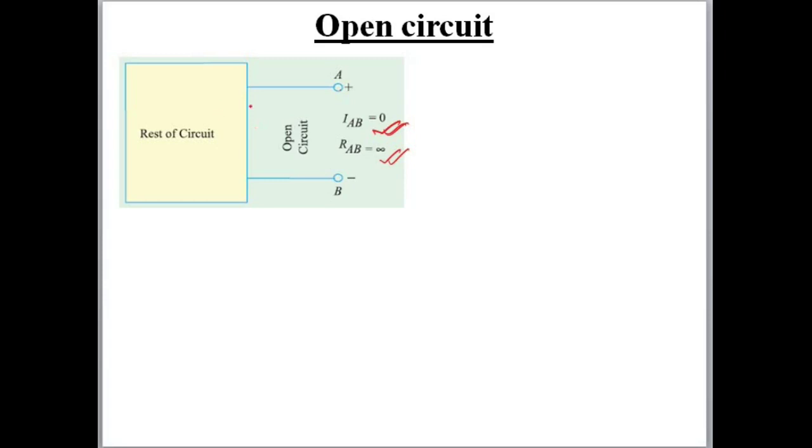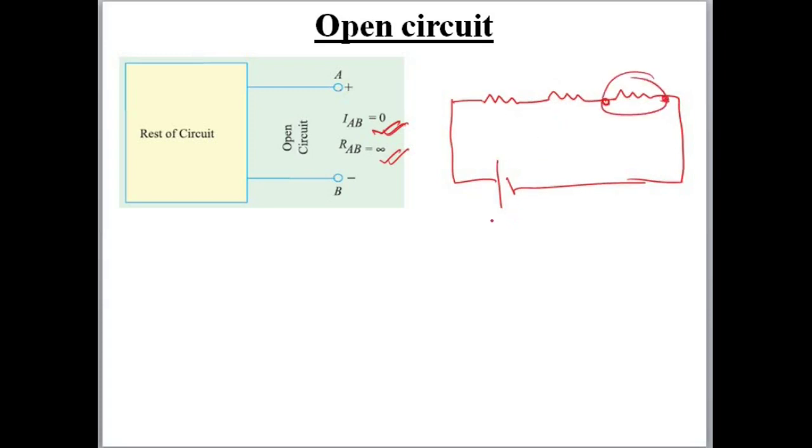And what will be the voltage? Suppose this is your supply voltage, with resistor 1, resistor 2, resistor 3. If I am opening this resistor, then what will happen? Total voltage will come across this terminal, and current will be 0.